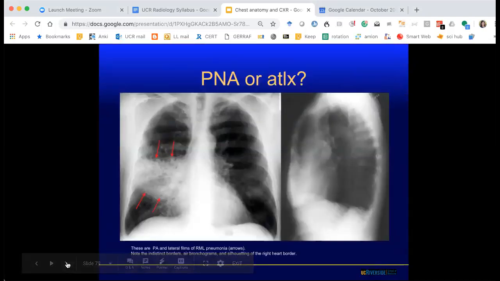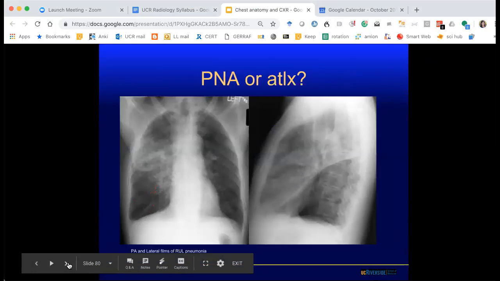So here is an example of what? Pneumonia, because why? There's no collapse. And there's infiltrative, right? There's no volume loss.